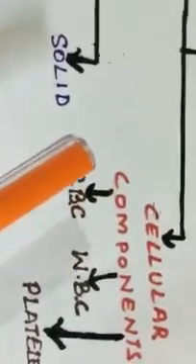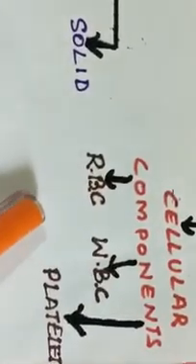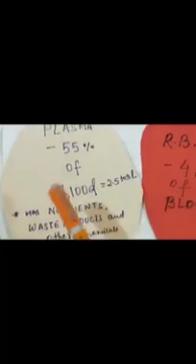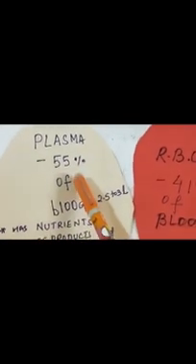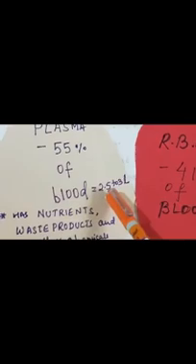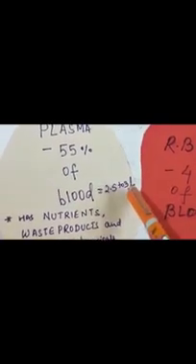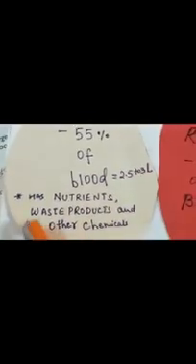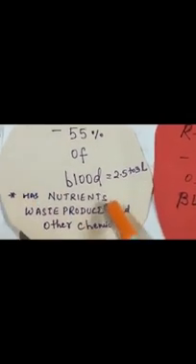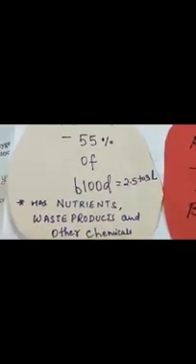And blood contains the cellular components, red blood cells, white blood cells and the platelets. Plasma makes up about 55% of blood. That means on average a person has about 2.5 to 3 liters of plasma in his or her blood. It has nutrients, waste products and other chemicals.